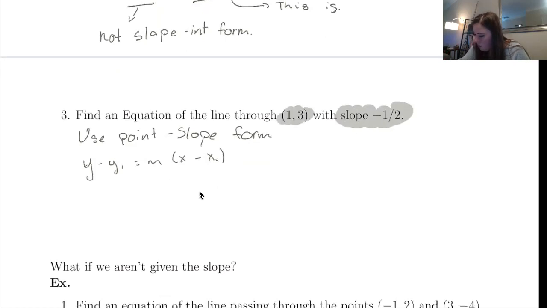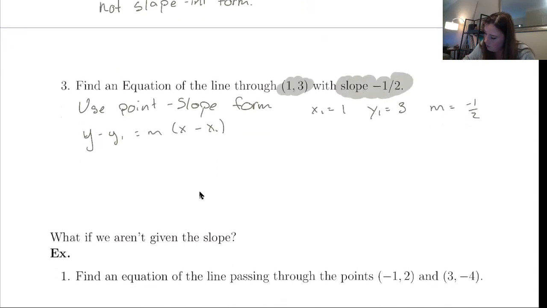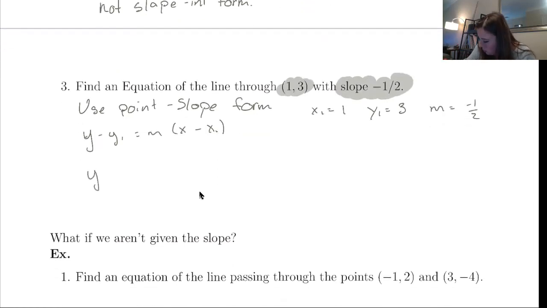So remember, points go x, y, so x1 equals 1, y1 equals 3, and our slope is m, and it's -1/2. So that's going to make our function y minus 3 equal to -1/2 times the quantity x minus, what's x1? 1. Okay? I'm not going to distribute.